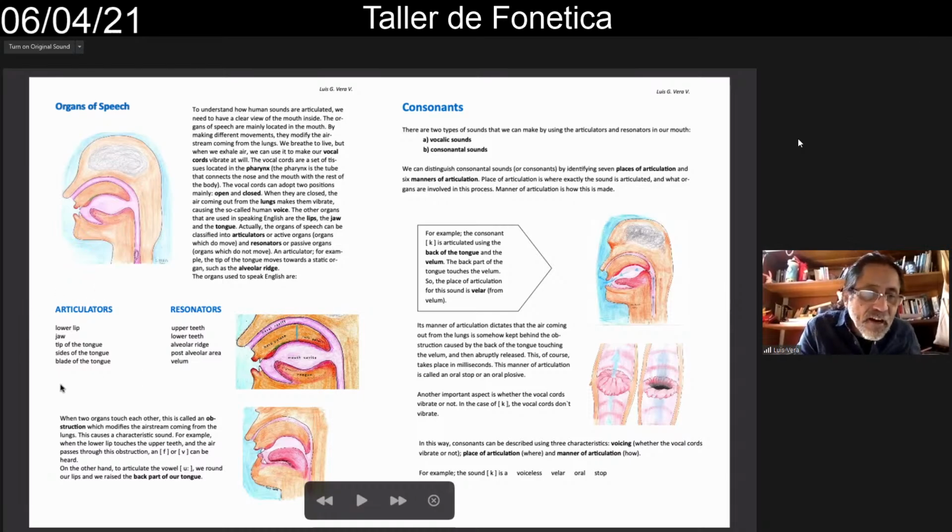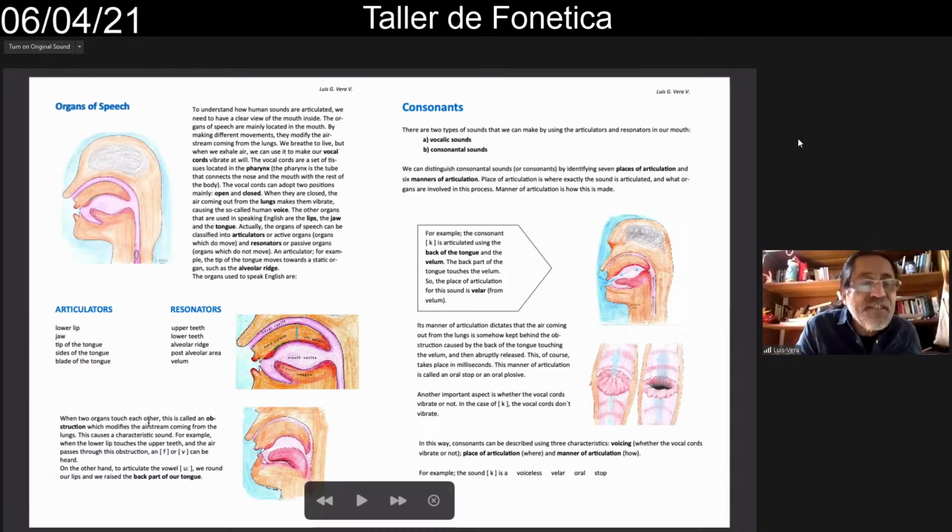Yeah, these are the articulators and the resonators. So upper lip, upper teeth, lower teeth, alveolar ridge, post-alveolar area, velum, tongue, tip of the tongue, blade of the tongue, sides of the tongue, and back of the tongue, and the jaw, and that's all.